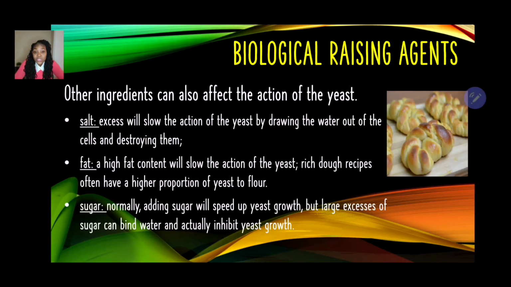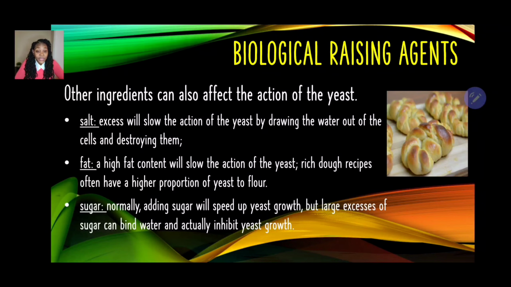It's to pull the moisture from the fish. Likewise with yeast, right? As a biological raising agent, the moisture which is needed for the yeast to perform will be pulled. So salt affects the rate at which the yeast would perform. So we have to be very careful of not using excess salt.